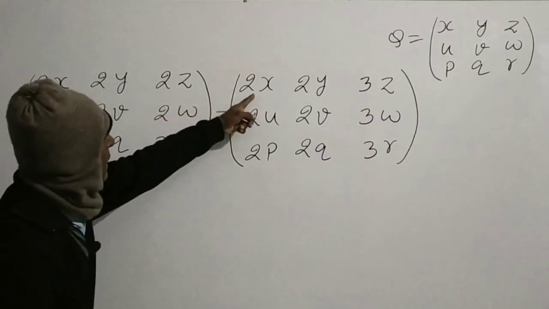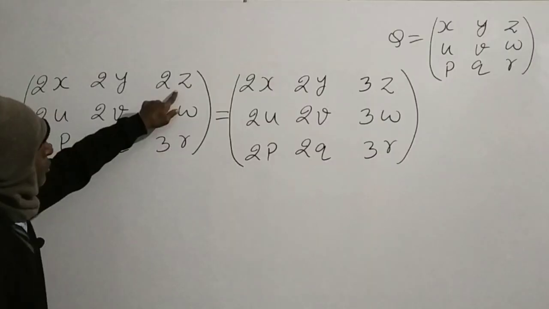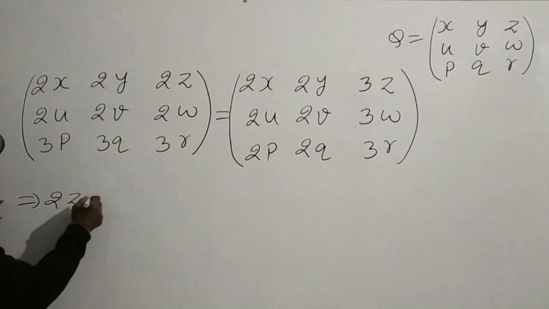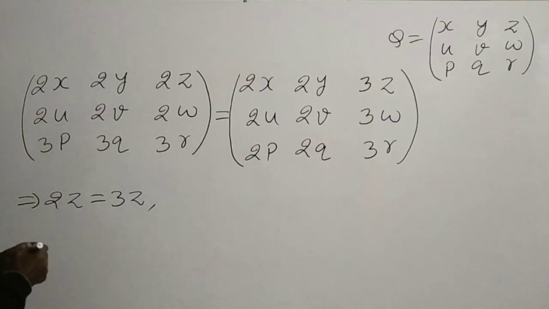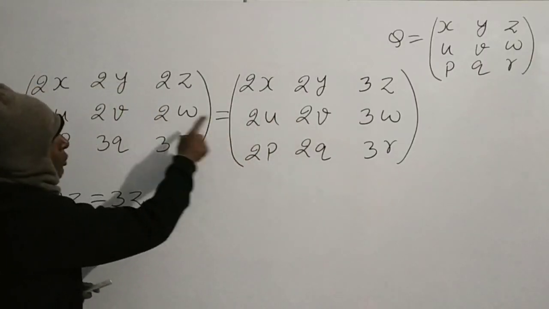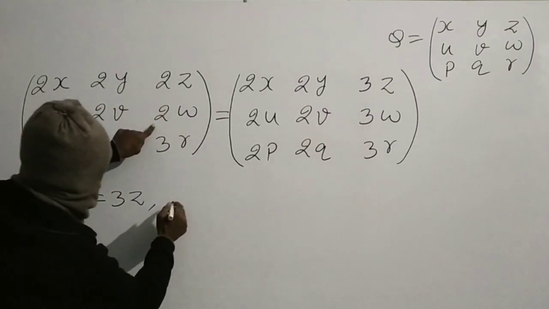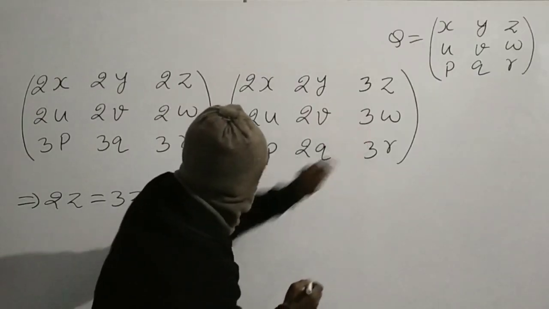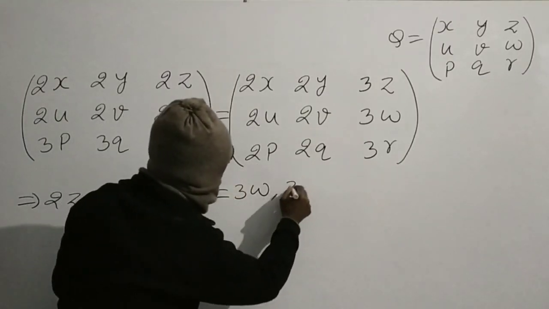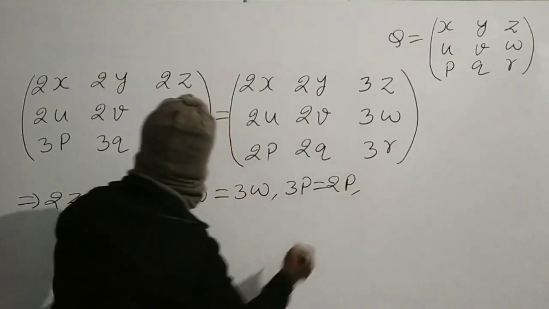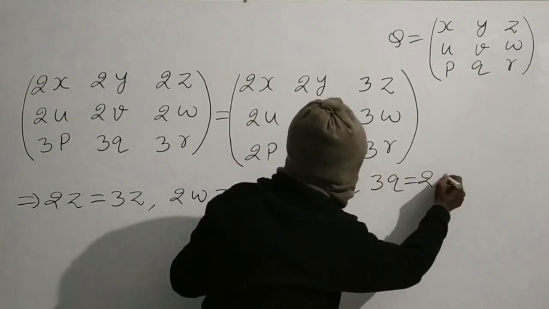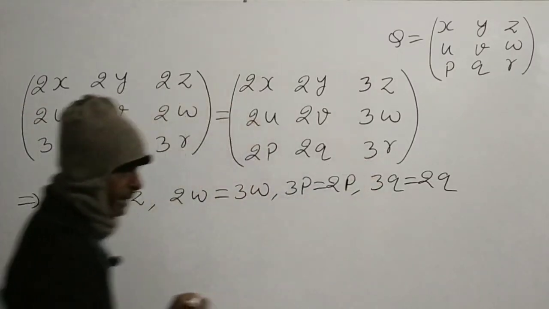That means 2x will be equal to 2x, 2y will be equal to 2y, 2z will be equal to 3z, 2u will be equal to 2u, 2v will be equal to 2v, 2w will be equal to 3w, 3p will be equal to 2p, 3q will be equal to 2q, and 3r will be equal to 3r.